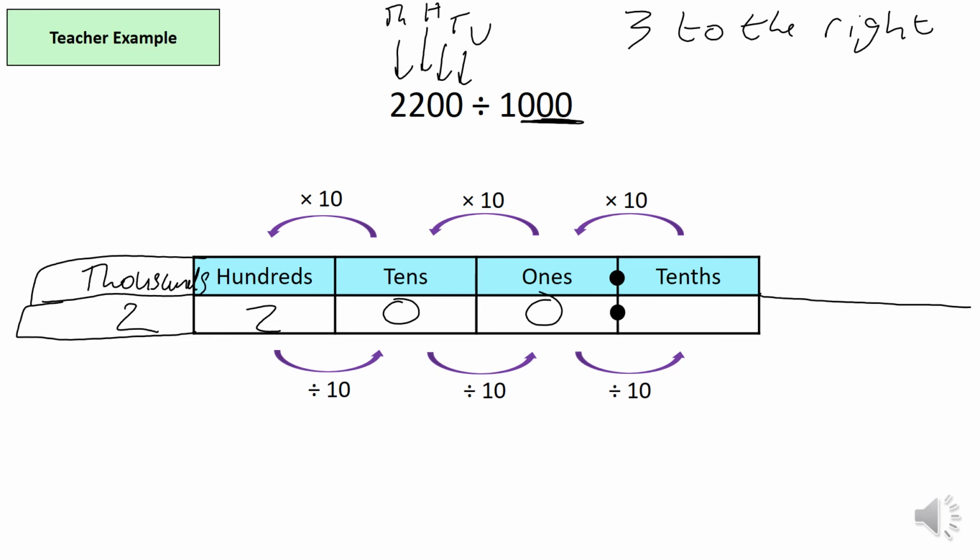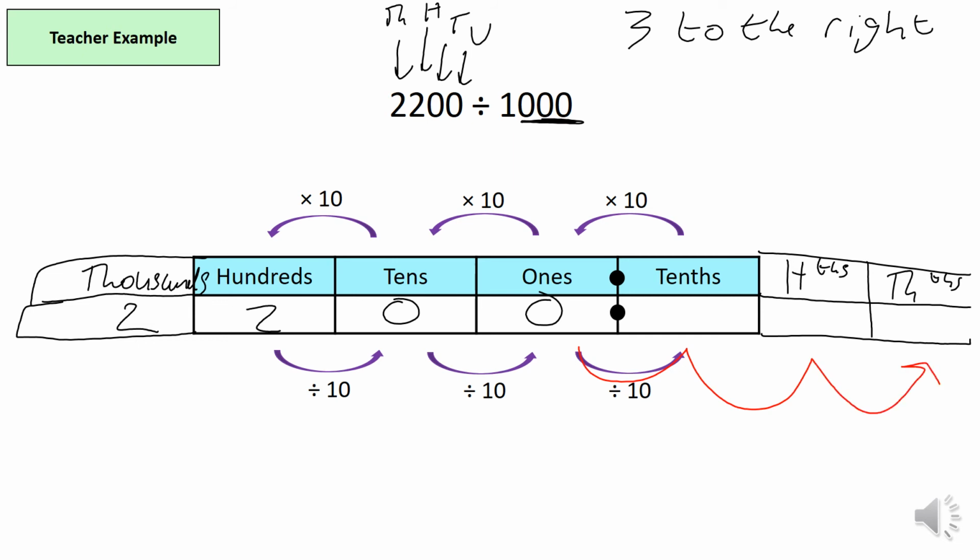So I must have over here 2 more columns where we have hundredths and thousandths. Everything is going to shift 3 to the right. This is going to go 1, 2, 3. So the 0 is directly below the thousands column. Now we're going to go 1, 2, 3. That's going to go directly below the hundreds column.